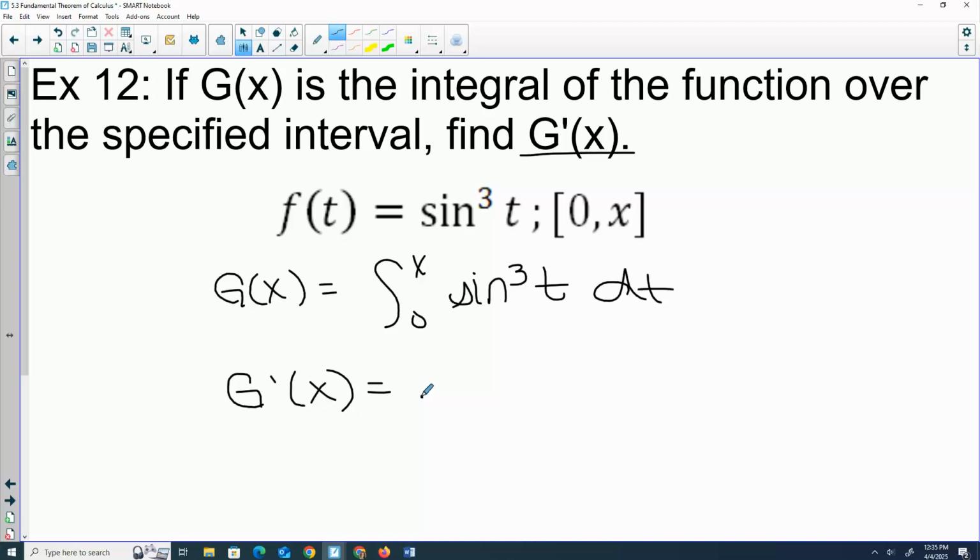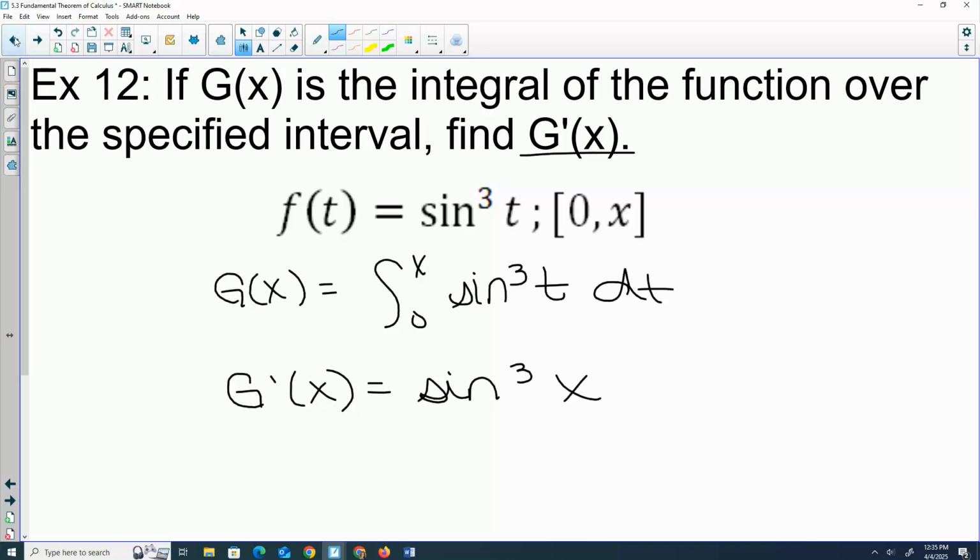Sine cubed x. Okay, this felt like a trick, but no, this is from yesterday. I asked for the derivative, and the derivative cancels the integral. Just replace your variable with the x.